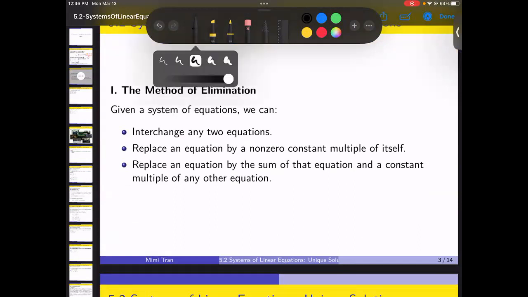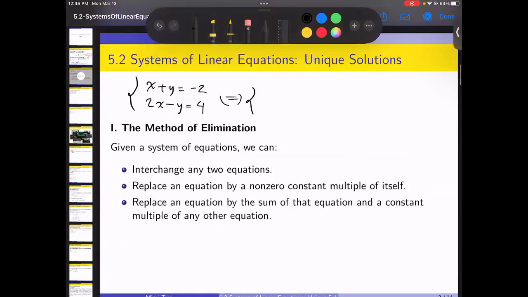So for example, don't write this down. For example, if I start out with x plus y equal negative 2, 2x minus y equal positive 4, I can put the second equation into the first and then put the first one into the second. Like that. It's the same thing, right? You can interchange 2 equations. It's the same thing.